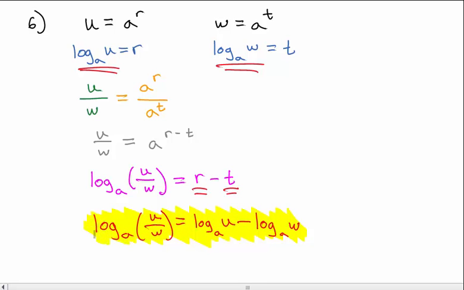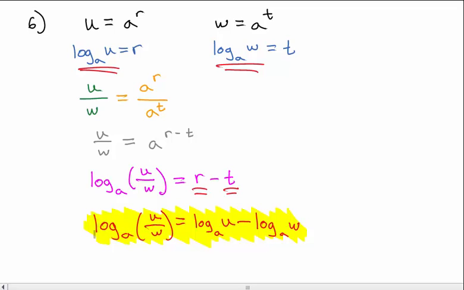If we're dividing two things inside a log, it's the same as subtracting two individual logs. Which makes sense if you think about it on several levels. With exponents, we know if we're dividing two bases, we subtract the exponents. Logs are exponents. So dividing two pieces means we subtract the two pieces in individual logs.